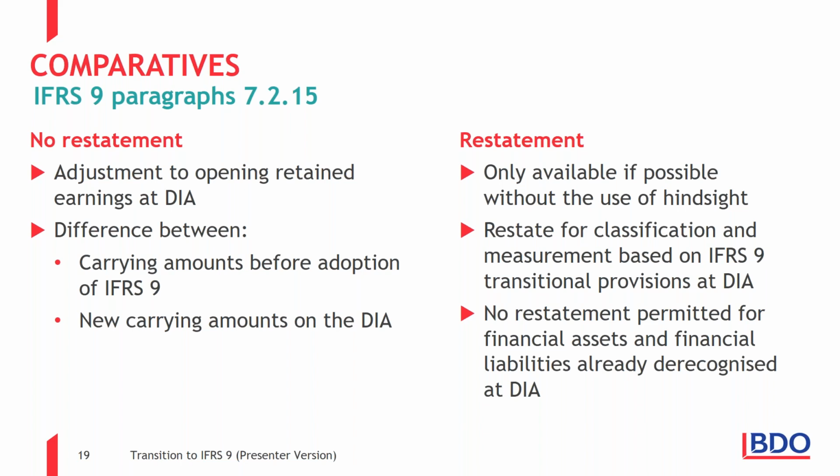It will be the difference between the carrying amounts before the adoption of IFRS 9 and the new carrying amounts on the date of initial application. So you would have had your carrying amounts at the end of the previous financial year, and then on the first day of the new year, you'll say, work out what the carrying amount should be in terms of the new standard, and that difference we adjust against opening retained earnings in our current year.